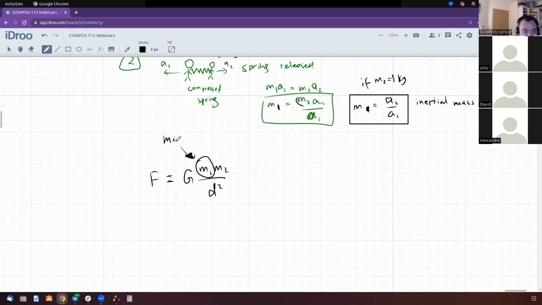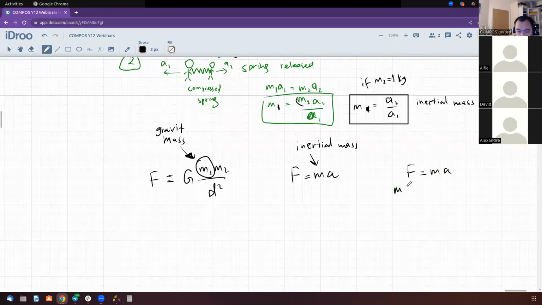That's gravitational mass. And in F equals ma, you have inertial mass. And if mg is the only force acting on you, then mg equals ma.